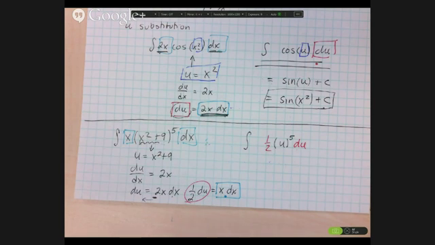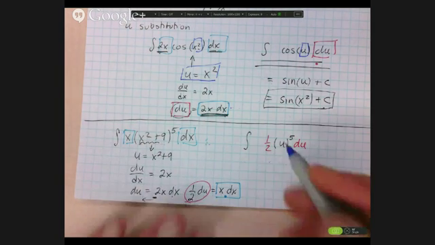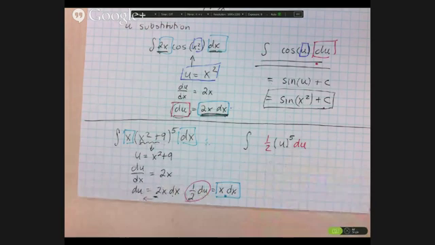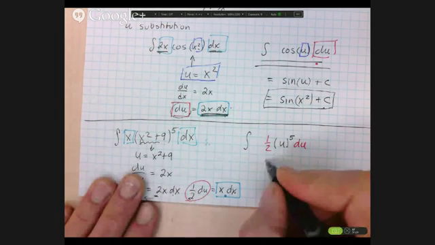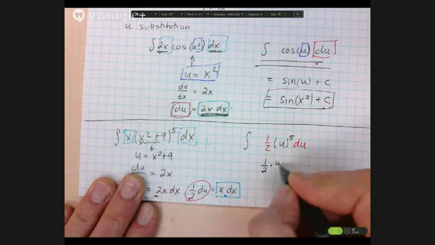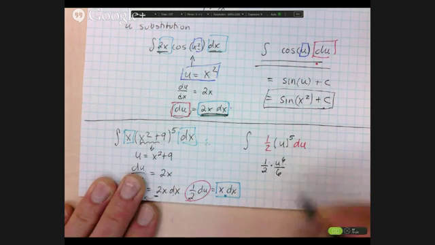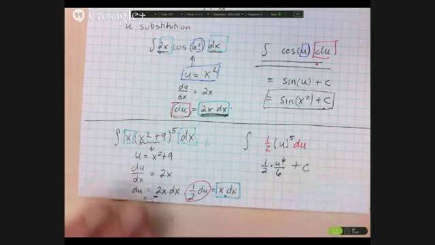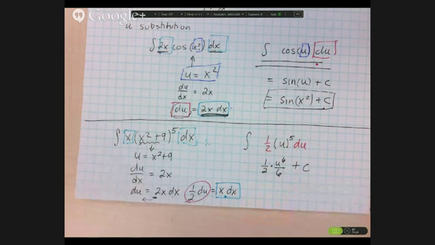The 1/2 stays the same, the constant stays there.